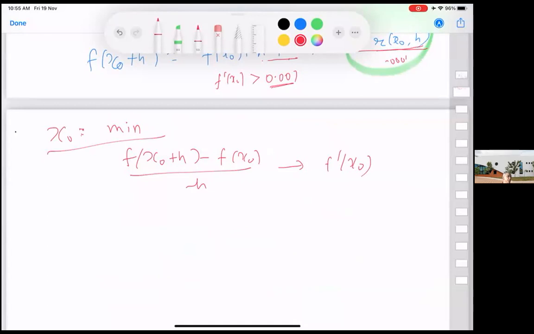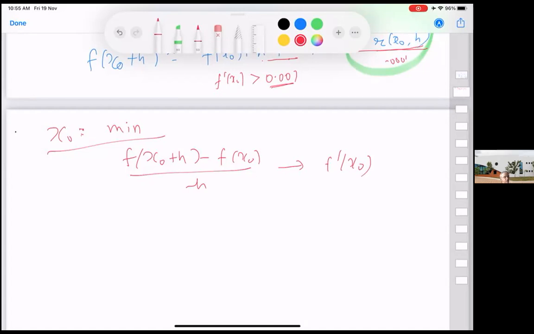So the numerator is always positive, and the denominator has the same sign as that of h. So by taking h negative and small, we can show that this ratio is negative.